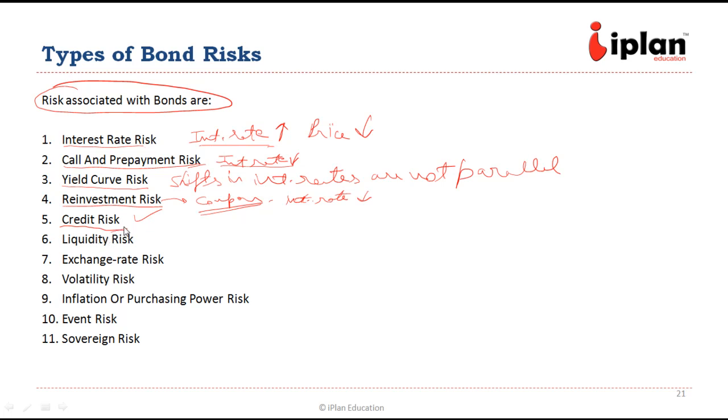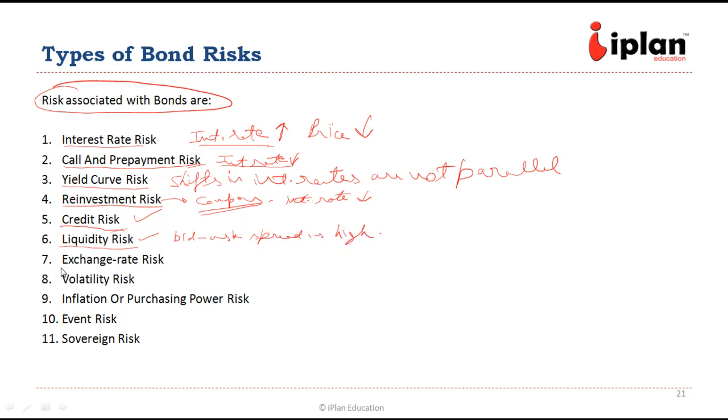There is a possibility of default. Then there is a liquidity risk where if the investor wants to trade that bond in the secondary market, he might not be able to get the right price immediately, he might have to give up some edge where we know that bid ask spread is high. So in that case, liquidity risk is high.